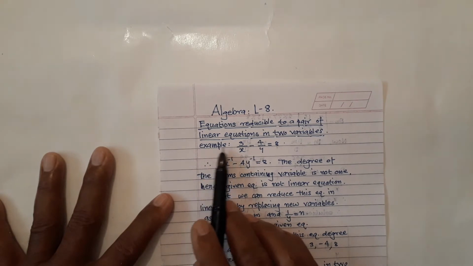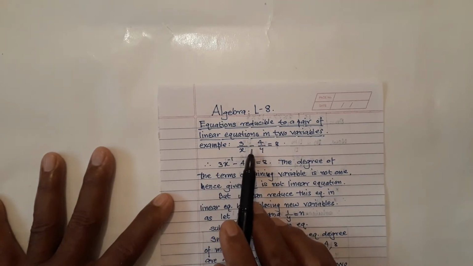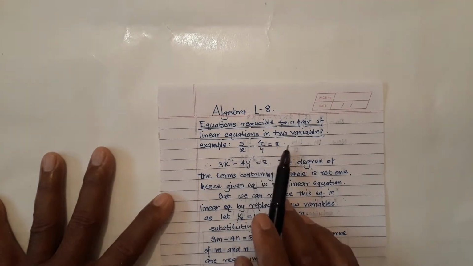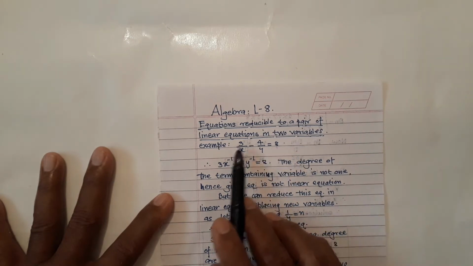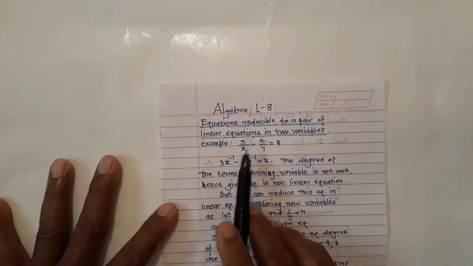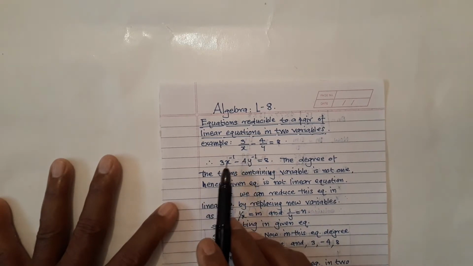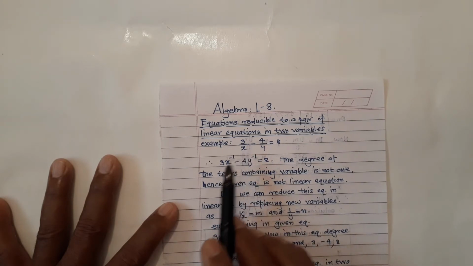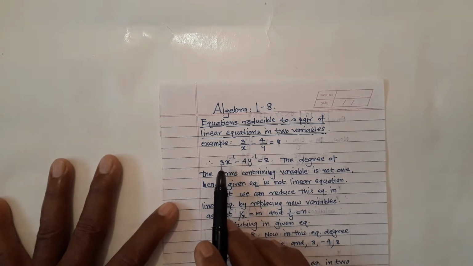For example, 3 upon x minus 4 upon y is equal to 8. This is the equation given. By law of indices, 1 upon x means x raised to minus 1.